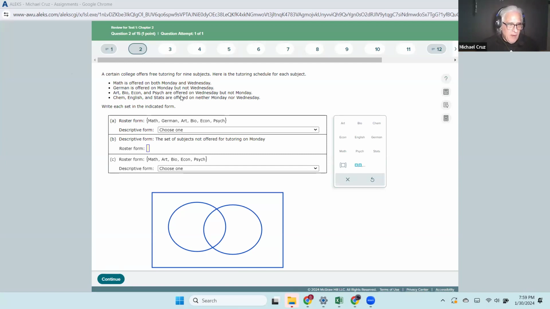Math is offered on both Monday and Wednesday. So in the middle, this is Monday and that's Wednesday. In the middle here, math is offered on both, so we're going to put math right in there.